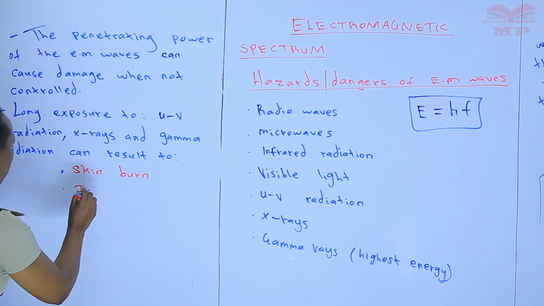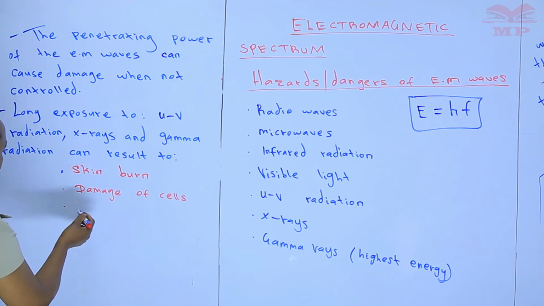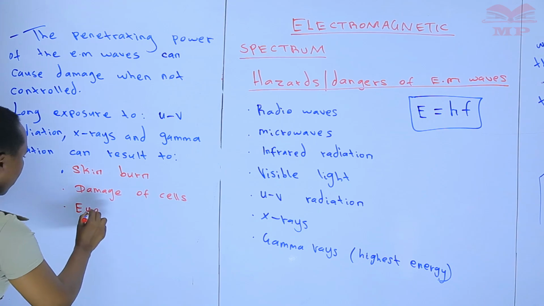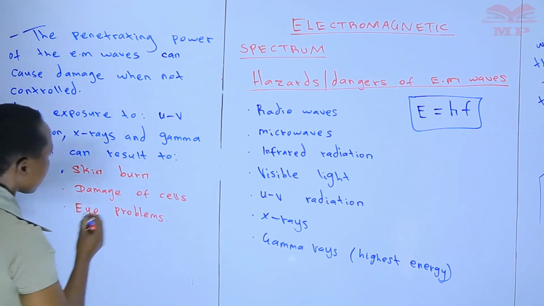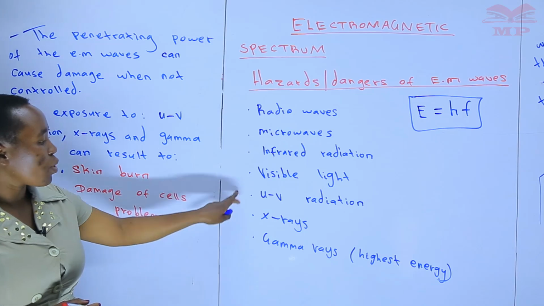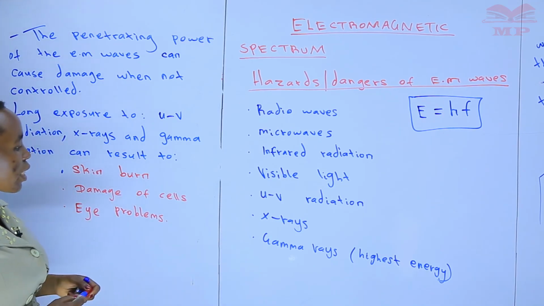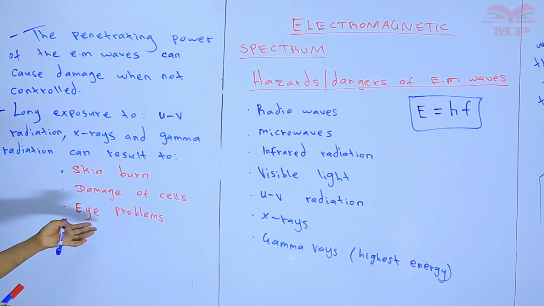It can also lead to the damage of cells, and it can also lead to defects in the eye, can also cause problems to the eye. So that is on the long exposure to most of them, especially the ones which have a lot of energy: the UV radiation, the X-rays and the gamma rays. They can lead to skin burn, damage of the cells, and eye problems.